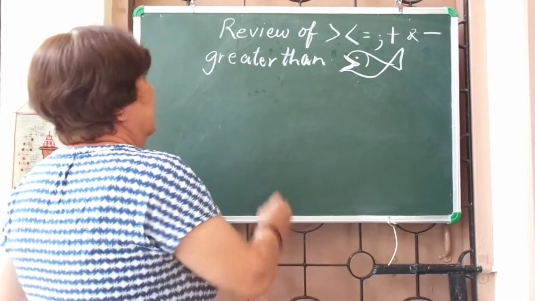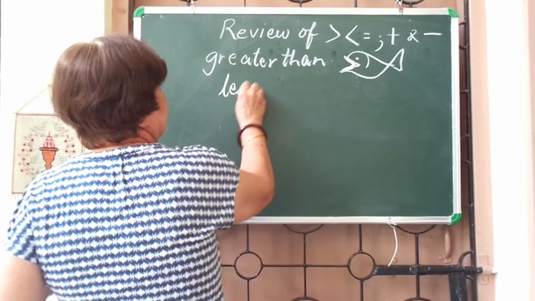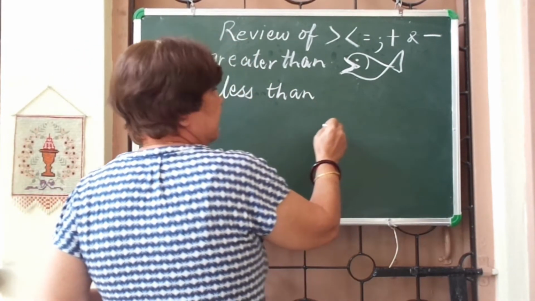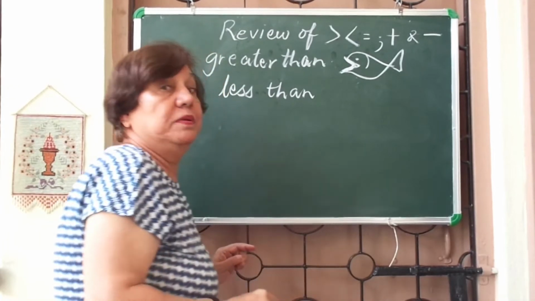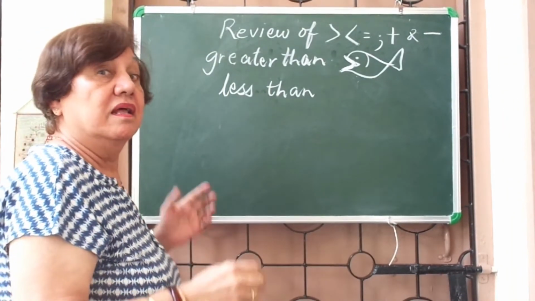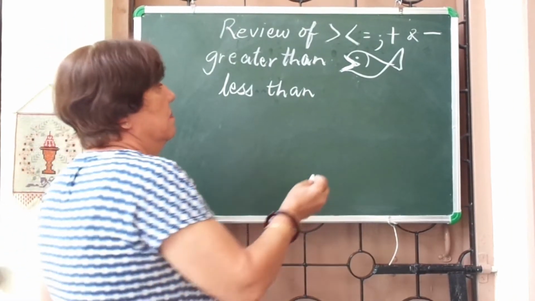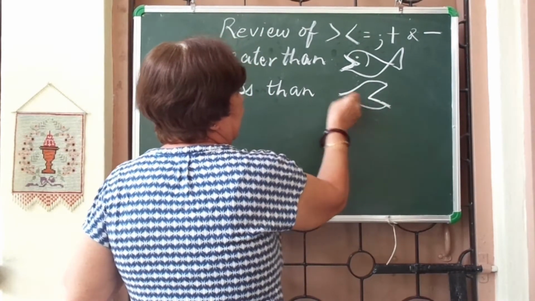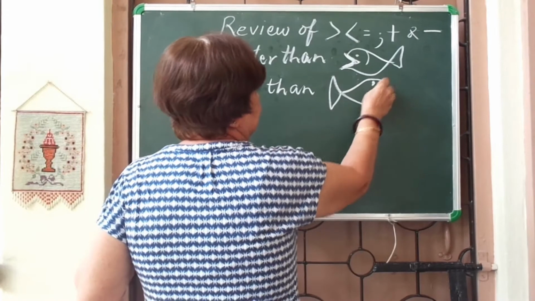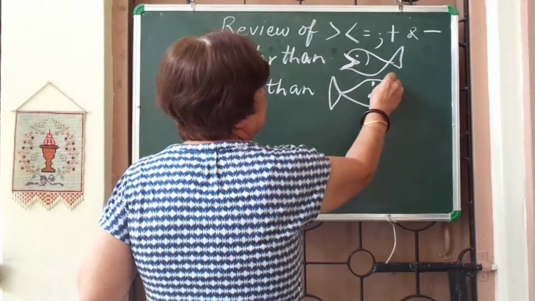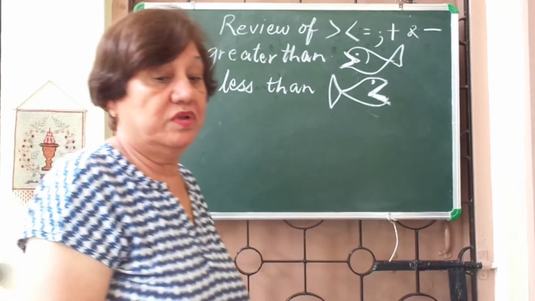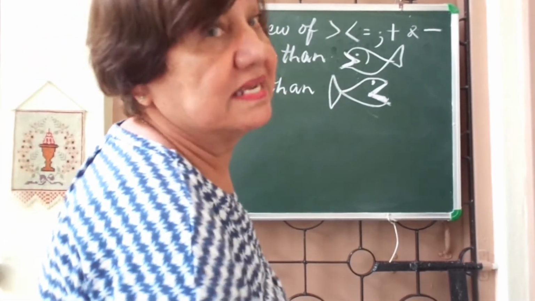And less than, the fish's mouth will be open towards the greater number, but we normally write it this way. Can you see? This is the sign for less than. Okay? So now we are going to work out some sums.